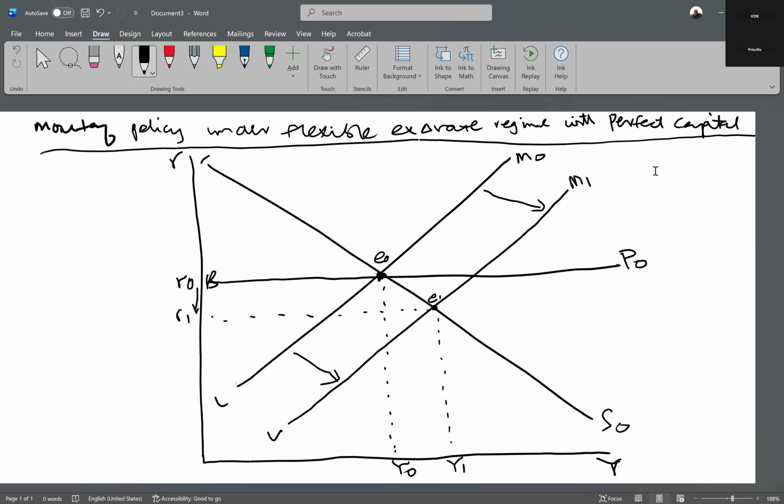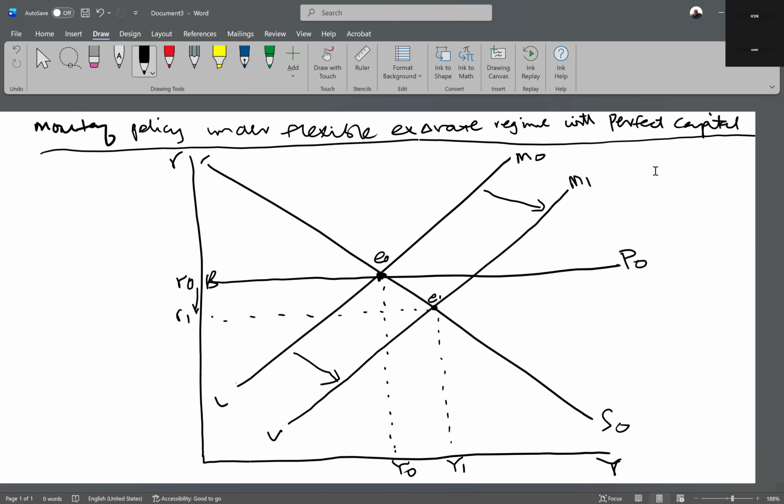The cedi depreciates in value, so exports become cheaper and imports become expensive. So exports will now exceed imports, creating a favorable balance of trade.